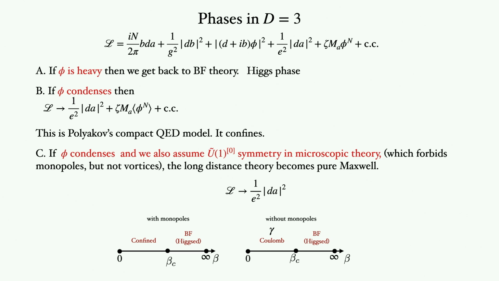Now let us see what happens. This is my Lagrangian. If this vortex field is heavy, I can set this to 0, set that to 0. And the kinetic terms of B and A are irrelevant compared to the topological term. So I reduce to the BF theory, the Higgs phase.